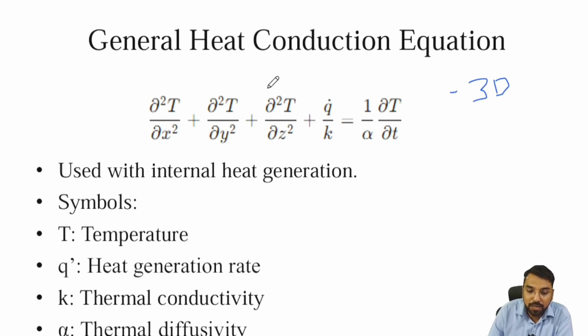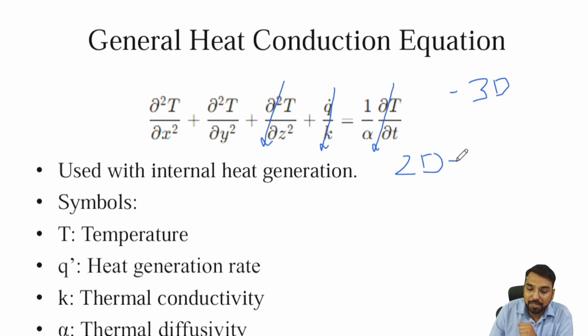To convert this three-dimensional equation to two-dimensional and one-dimensional, for the two-dimensional equation we are just considering two dimensions, and for the one-dimensional equation just one dimension, so the other dimensions will become 0. So for the two-dimensional equation of heat conduction, if there is no internal heat generation, then this will become 0, and if it is steady state, then this will become 0.